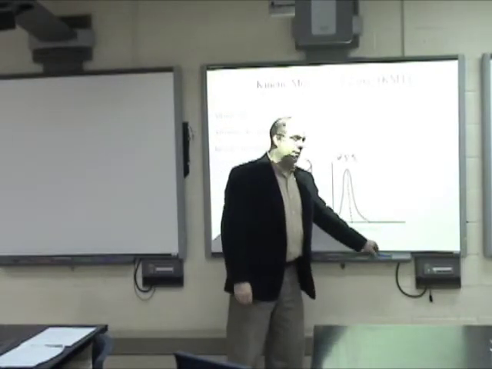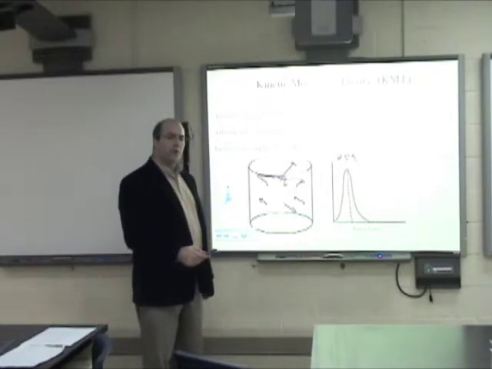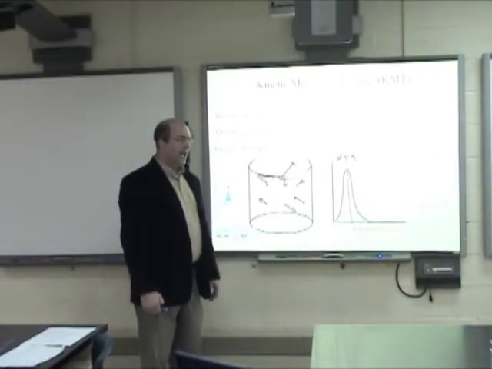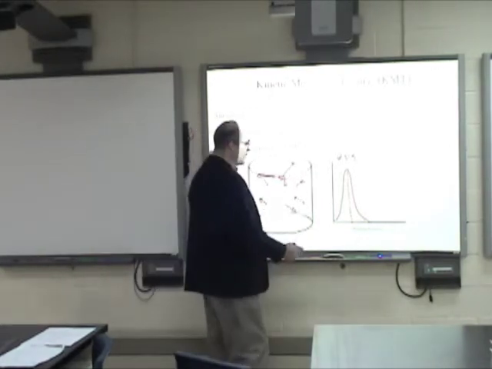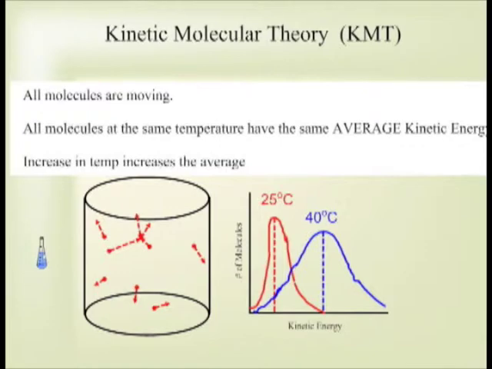However, as we increase the temperature, there are more collisions, there are more chances for molecules to collide. As they collide more often, there are more chances for them to gain or lose. And so what happens is you end up with a graph like that, where there is a wider distribution of possibilities and the average has increased.